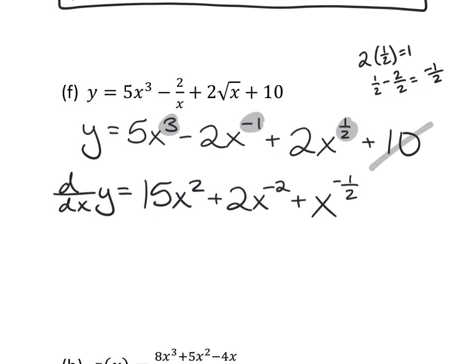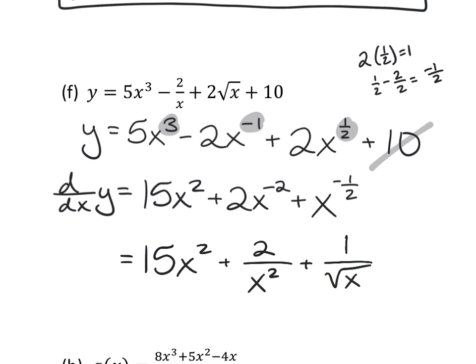So the correct way to finish this problem would actually be 15x squared, that one didn't change, plus 2 over x squared, put it back in the denominator, plus, I got a negative exponent, so it goes to the denominator, and then I make it back into the square root, because it's still 1/2.